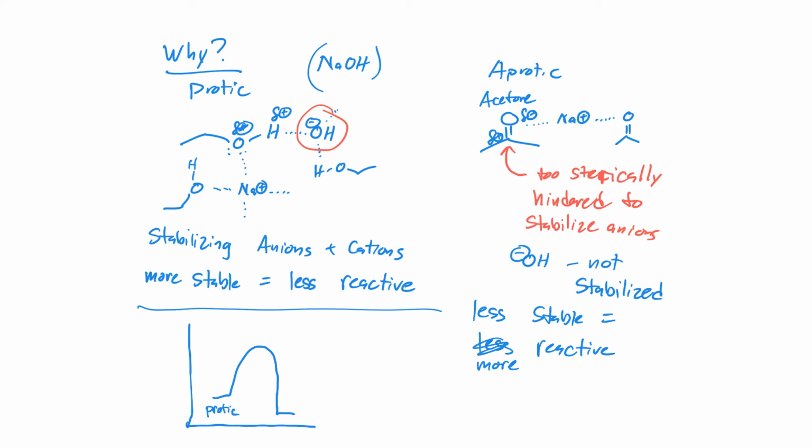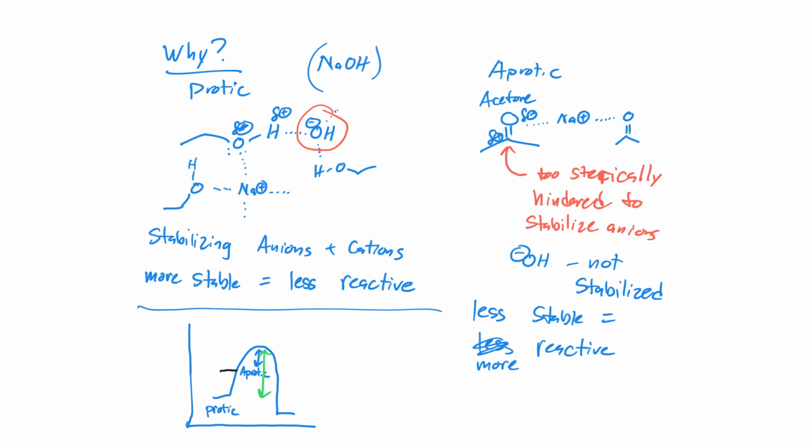And if we were to look at the energy of the nucleophile in an aprotic solvent, we would see that it's higher. And thus, we can look at the difference in the activation energies between each of these levels, right? The aprotic solvent with the less stable nucleophile has a smaller activation energy.